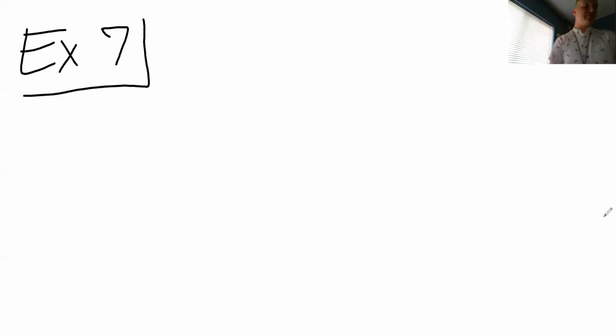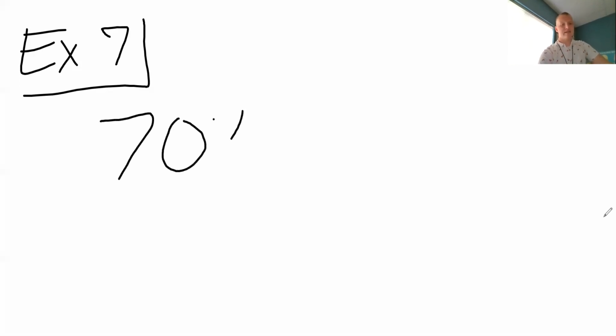Okay. Example 7. Bring it back, guys. I want to keep having fun in math, so let's keep doing well. Keep it quiet while I'm talking. Okay, example 7. Write 70% as a reduced fraction. Someone who hasn't come up yet, Jaden, can you come up and do this one?